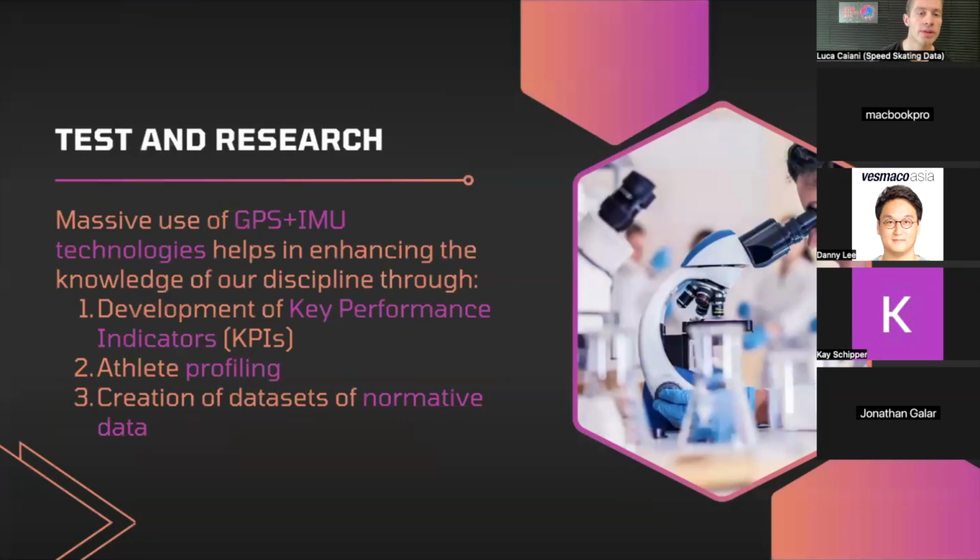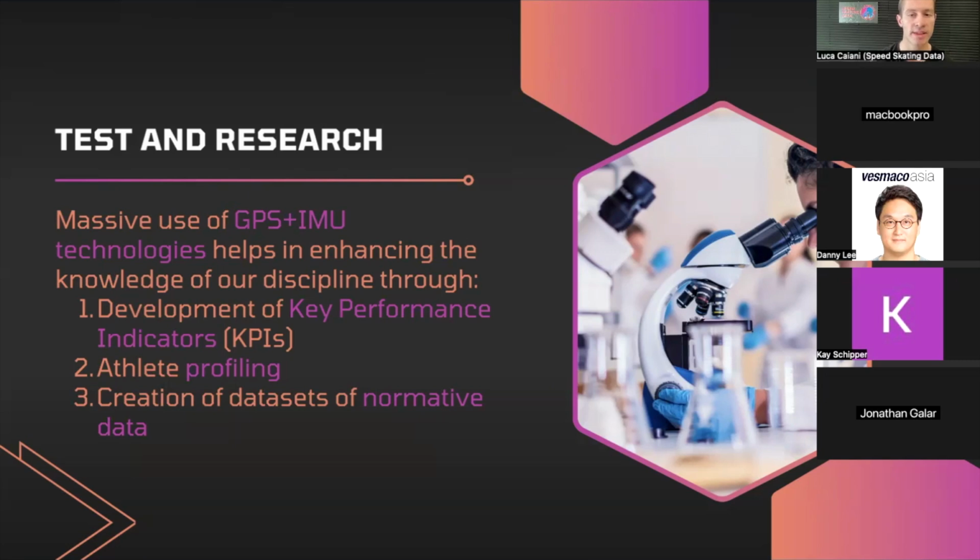Of course, we can use this type of device to develop key performance indicators. So maybe we can say you are a junior athlete, you need to cover this distance in this time, okay? But you also need to accelerate well at the exit of the corner, and this acceleration must be 5 kilometers in 20 meters.